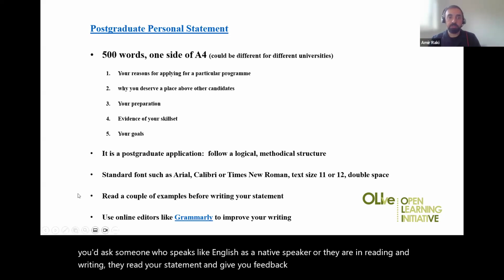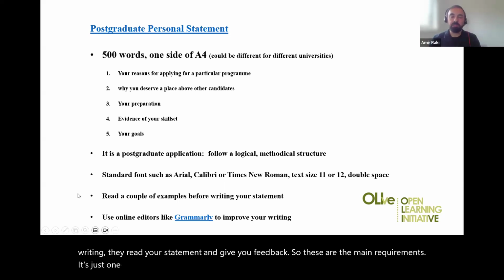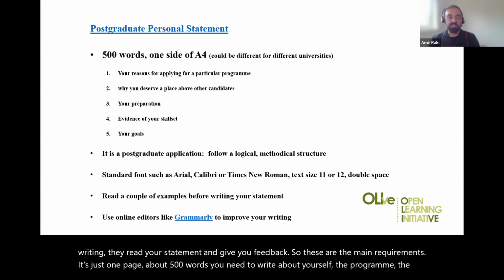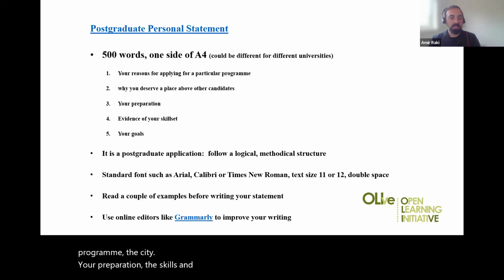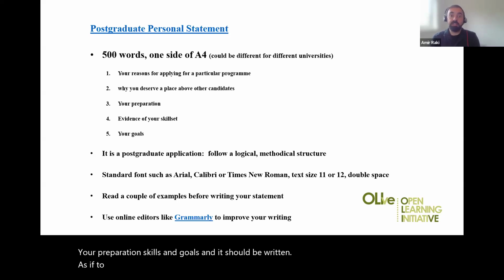So these are the main requirements. It's just 1 page, about 500 words. You need to write about yourself, the program, the city, your preparation, skills, and goals. And it should be written to show your level of English as a postgraduate student.